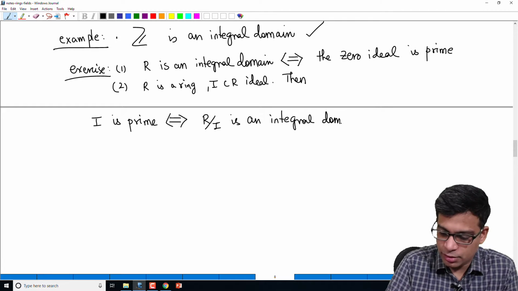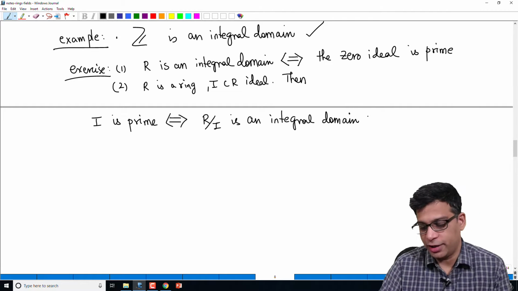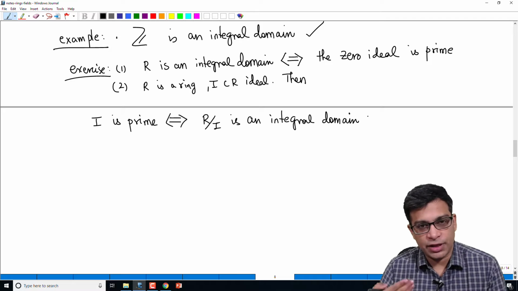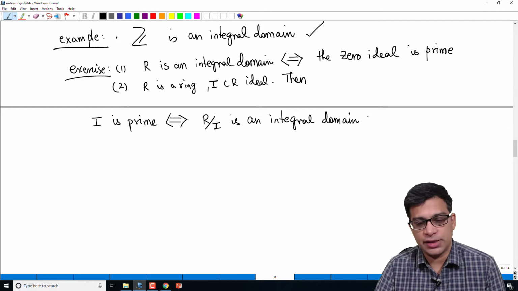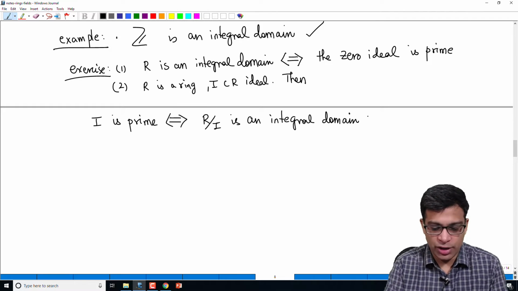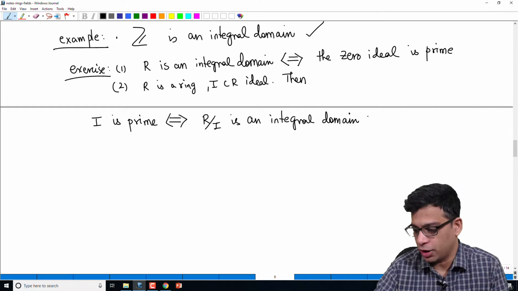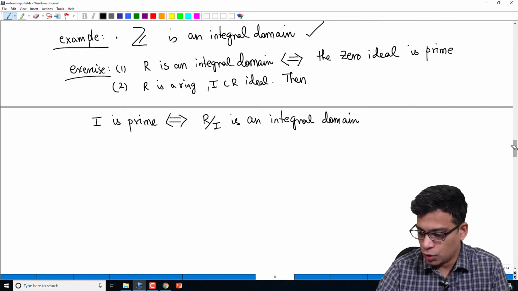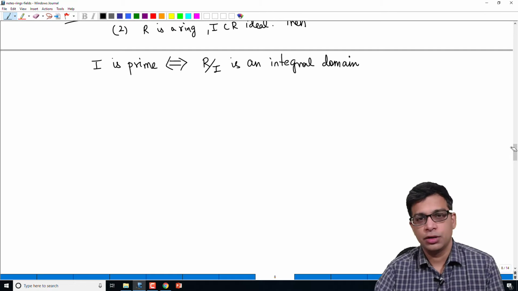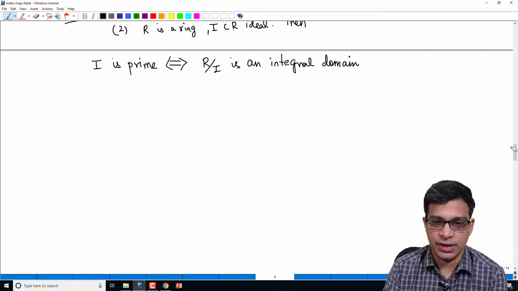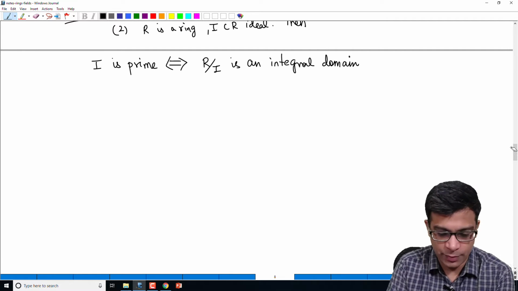This is a characterization of prime ideals. In fact, it is sometimes useful to verify that ideals are prime using this condition. So I is prime if and only if R mod I is an integral domain. This follows because of our understanding of quotient rings, the correspondence theorem for ideals, and so on.